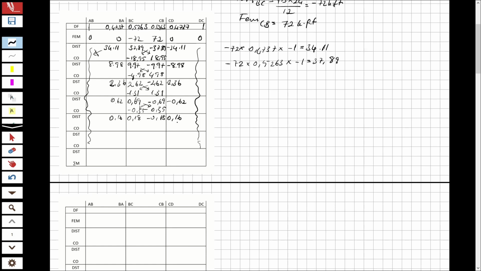Let's finish this, and this is going to be minus 0.09, sorry, 0.09. This come here, this come here, and this will be equal to 0.04, this will be 0.05, and this will be minus 0.05, minus 0.04, okay?